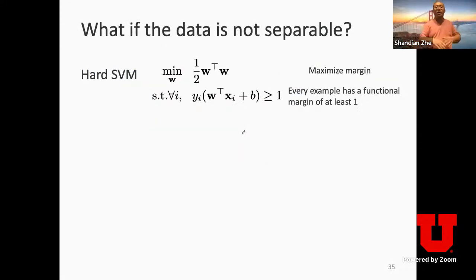So if the data is not separable, that means no matter how you choose W, B, there will always be some incorrect prediction, meaning that this product will be negative for at least some example. And that means those constraints cannot be fully satisfied.